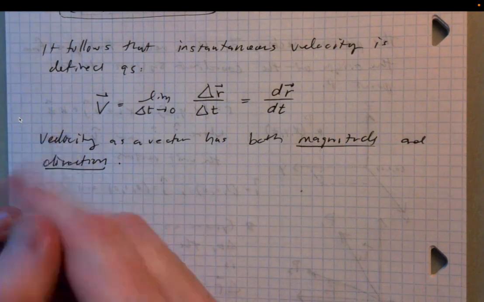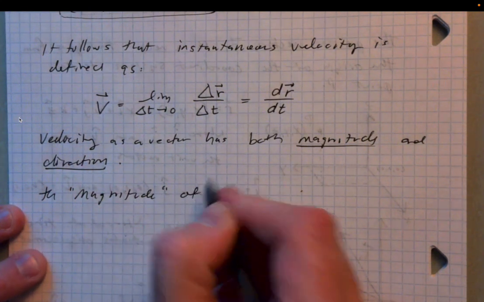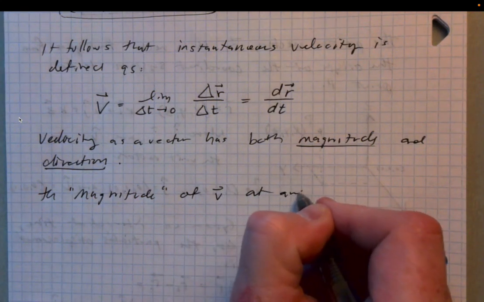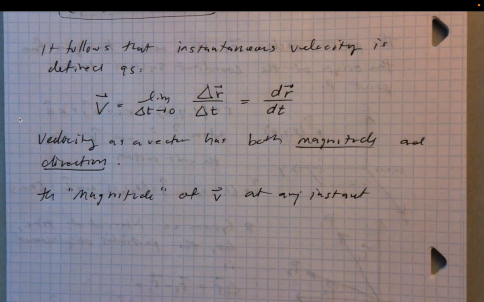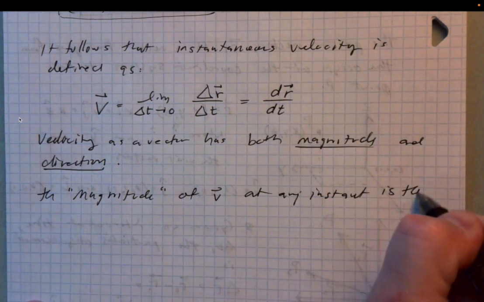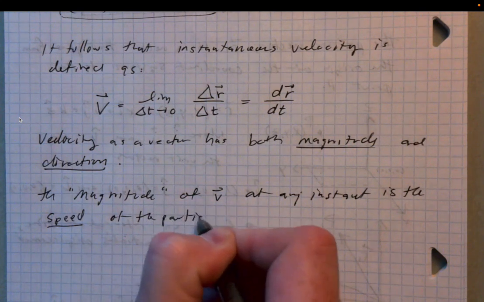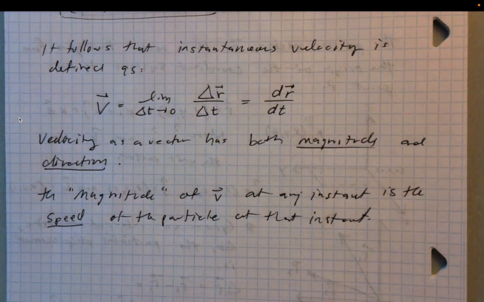The magnitude of v, the velocity vector, at any instant really is the speed of the particle at that instant. So the magnitude of the velocity vector is basically the same as the speed of the particle.